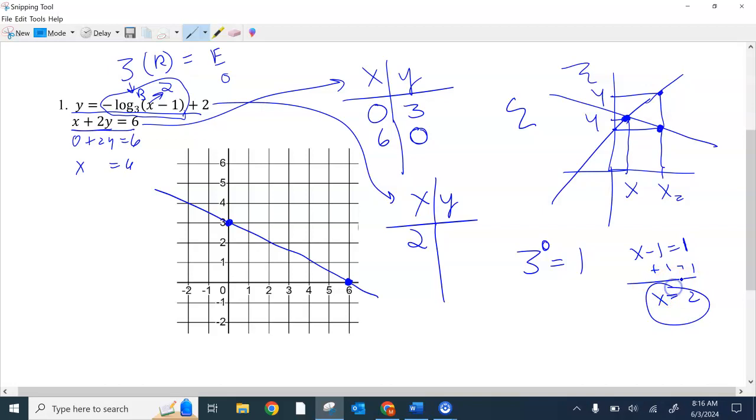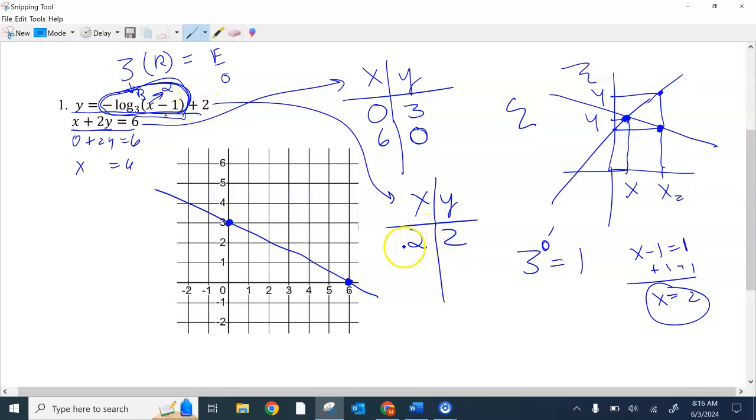So when x is equal to 2, now, by the way, that is just this part of the equation. So this part of the equation, the whole log together, is equal to 0. That's the exponent for this one. But then you've got to add 2 to it. So 0 plus 2 is 2.